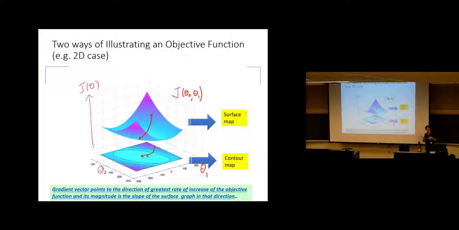A lot of lectures or papers only show you the contour map. So you have to first clarify: am I looking at a surface map, where the objective function is shown as one of the coordinates, or am I looking at a contour map, where the objective function is only shown as a color, using the intensity to show high or low.